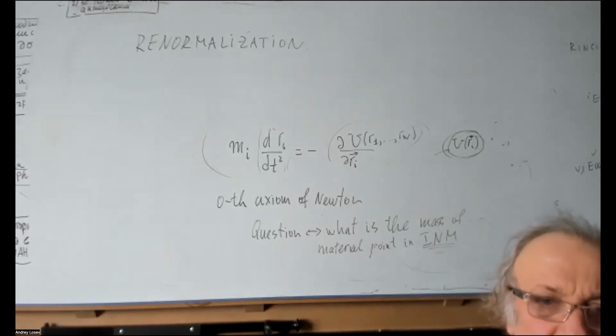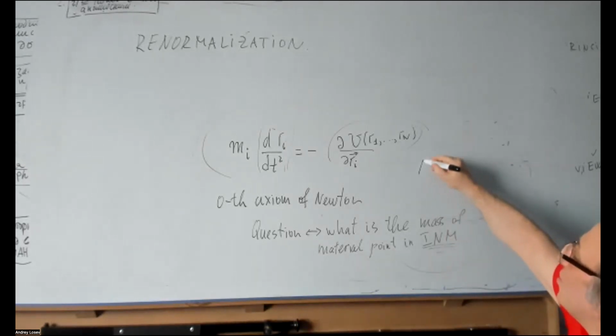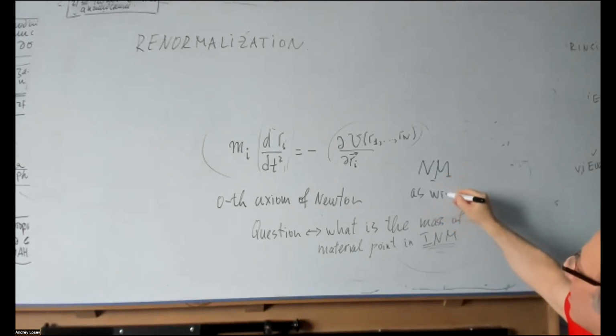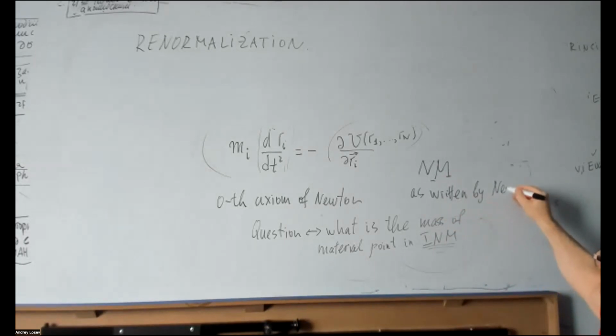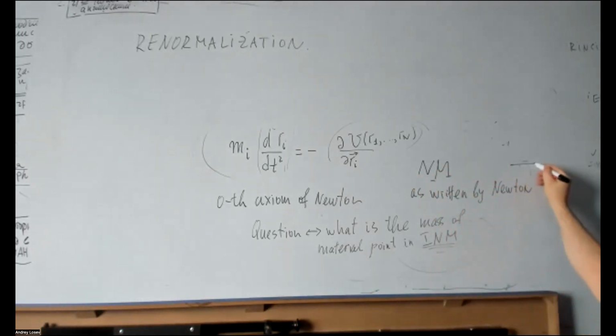So in order to save the game, we should go from Newtonian mechanics as written by Newton, you may read his book on your own, to improved Newtonian mechanics.